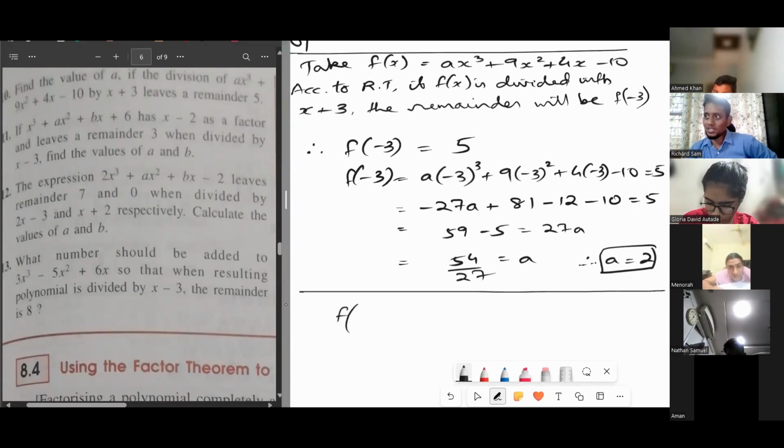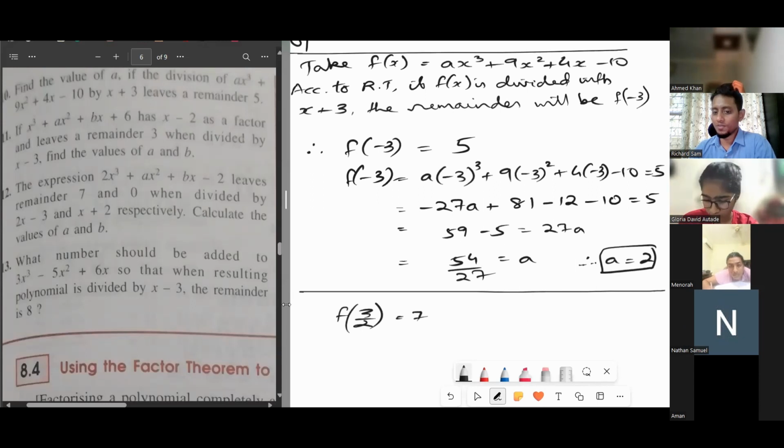No, that is given in the question. f of 3 upon 2 is the remainder. And that f of 3 upon 2 is equal to 7. Understood? That is your first equation. Second equation is what? When you're dividing f of x with x plus 2, the remainder will be f of minus 2. And that f of minus 2 will be 0.